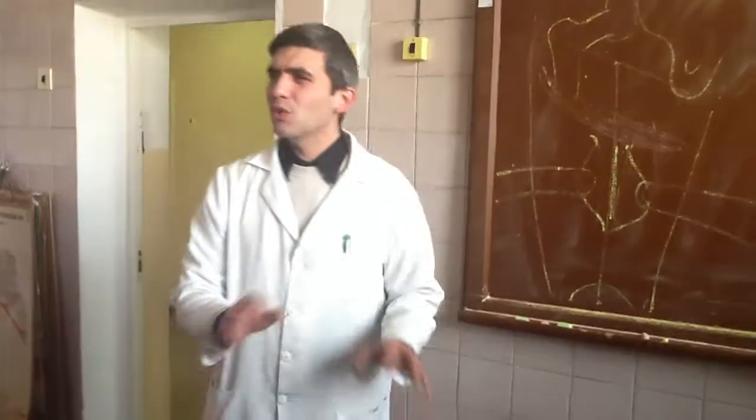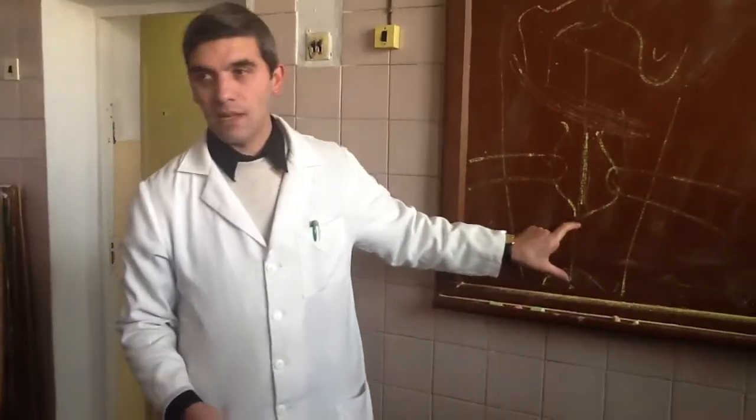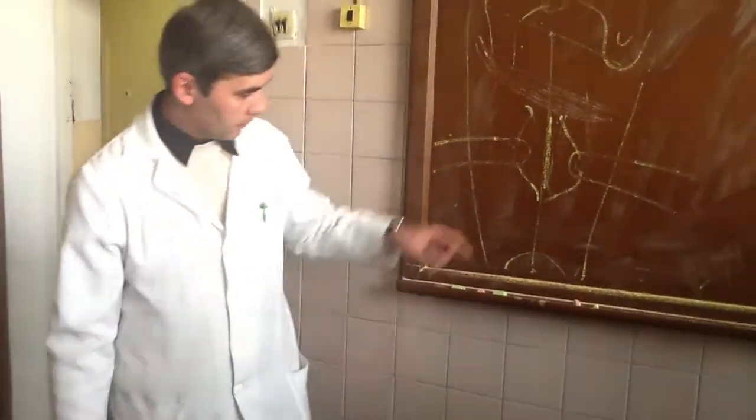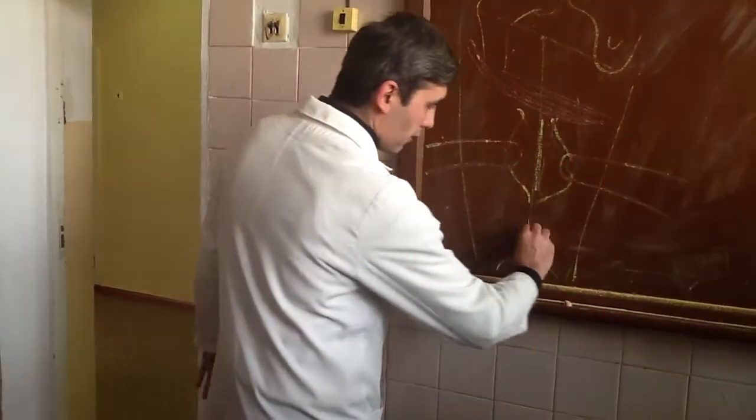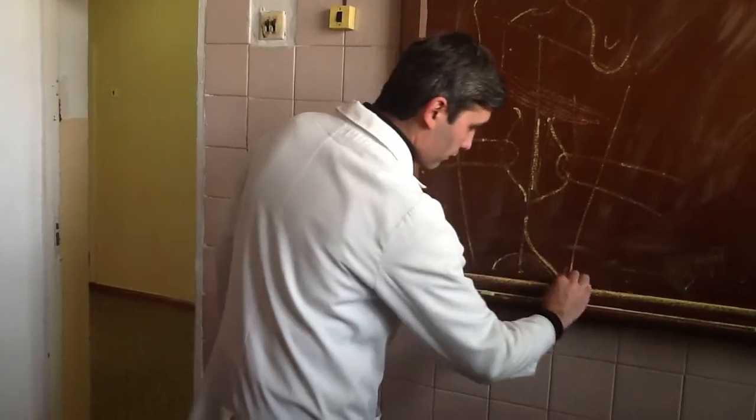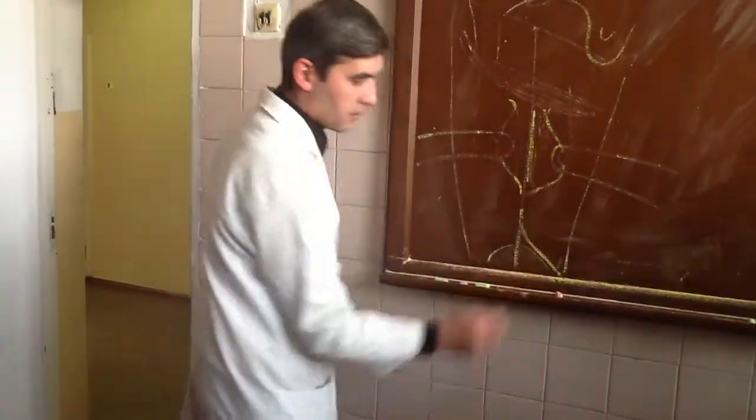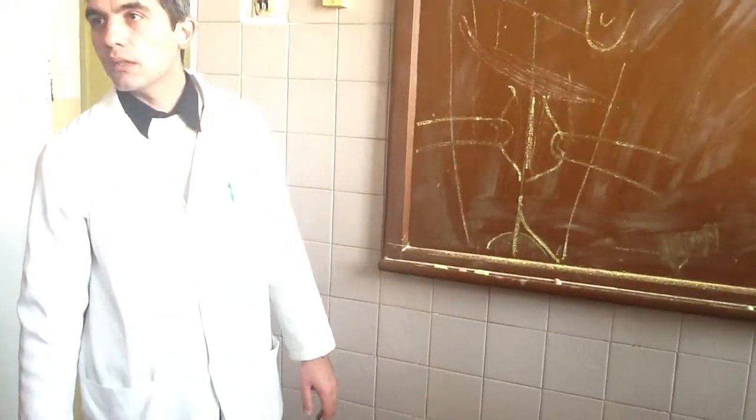In the distal portion we do the same thing, but we should keep in mind that in the inferior third of the thigh, the sciatic nerve is divided into two branches: the tibial nerve that goes into the popliteal fossa, and the common peroneal nerve.